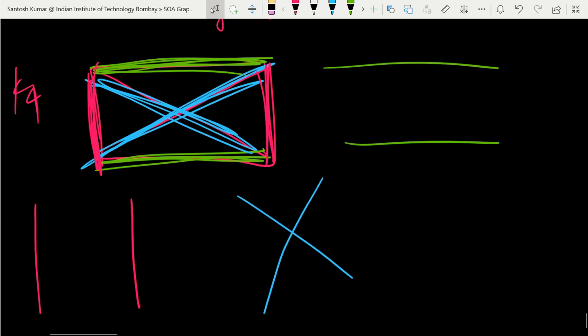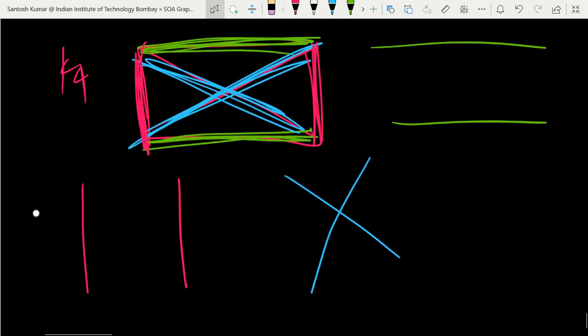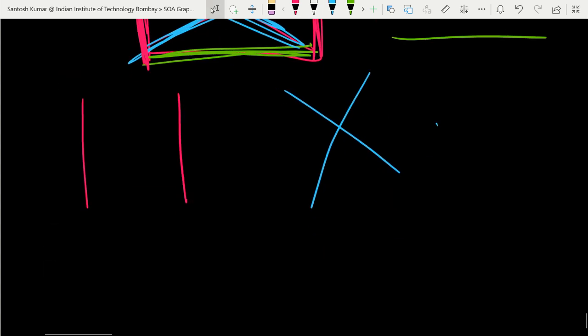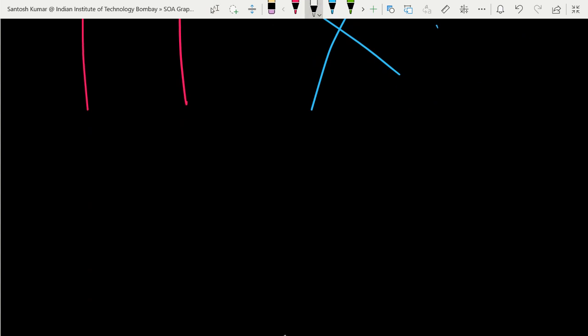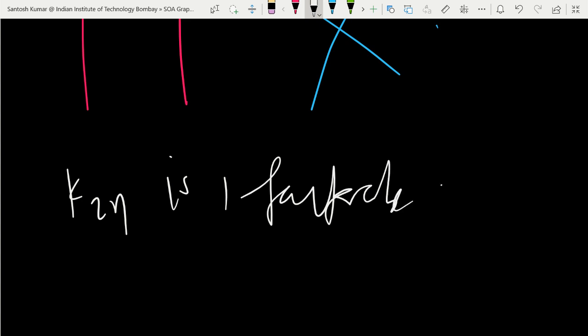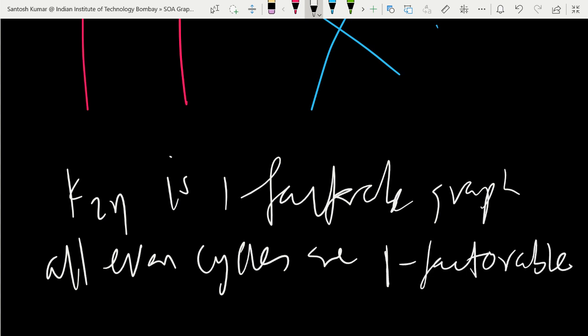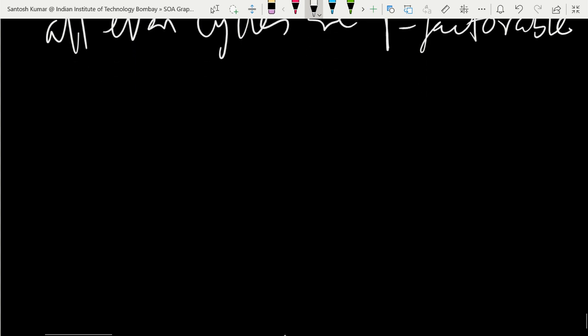It has 3 one factors, so this can be decomposed as 3 one factors. Similarly, for K6 you have seen, in fact K2n is a one factorable graph, and all even cycles are one factorable.